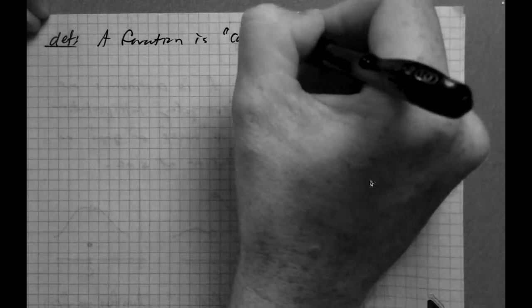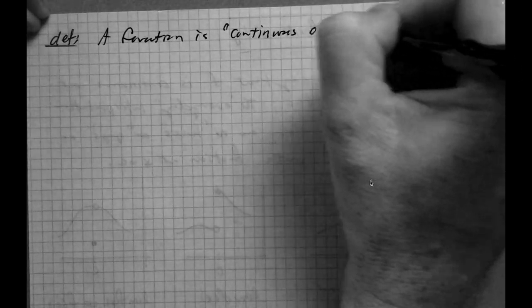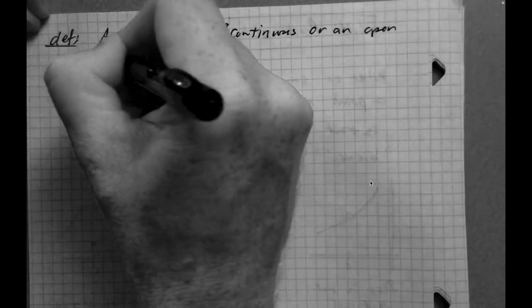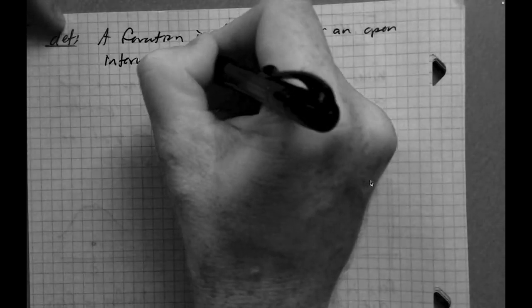Let's take that definition and expand it a little bit and talk about continuity on an interval. So this will be kind of obvious, I suppose, but it's important to be thorough with some of this. So we say that a function is continuous on an open interval, let's just call it (a, b), if it is continuous at each point in the interval.